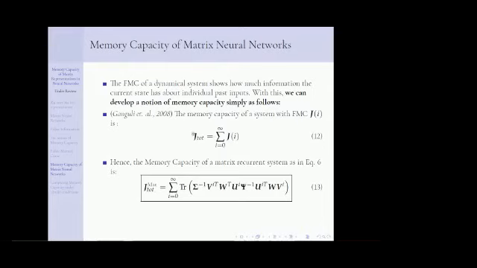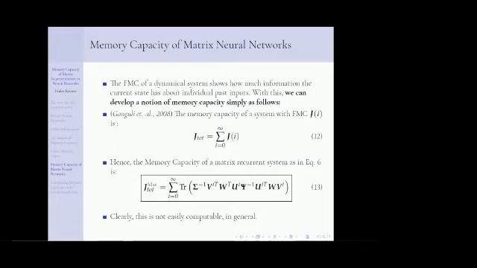The memory capacity of a matrix representation network as defined in equation 6 is just this, the sum over all of its Fisher memory curves. We finally get this, and this is the closed form equation of the memory capacity that one would mean by memory capacity. So finally, we have a notion of memory capacity for a matrix recurrent network. In fact, we have an equation for memory capacity for a matrix representation network.